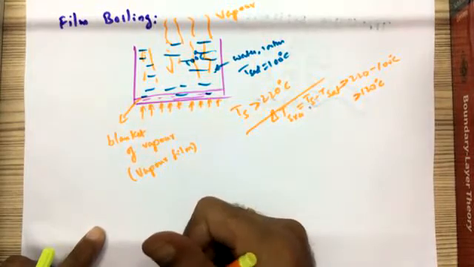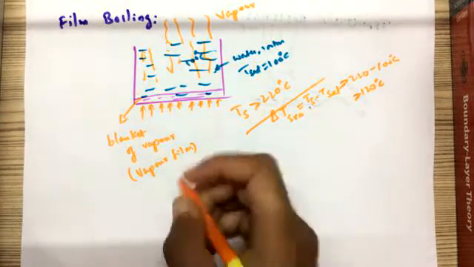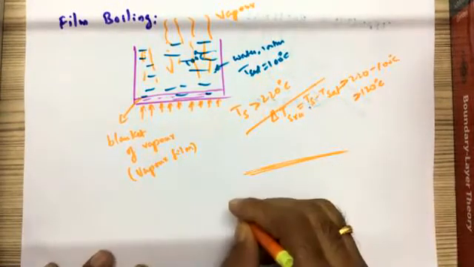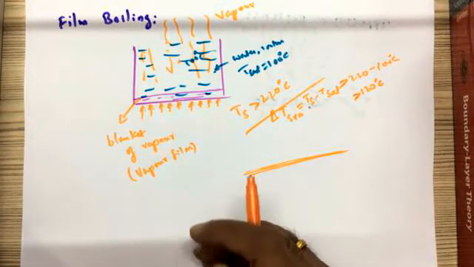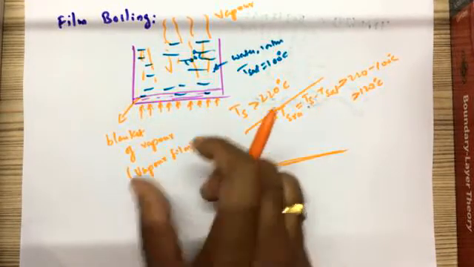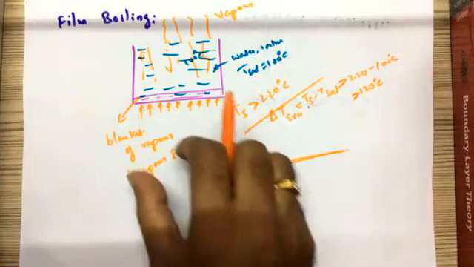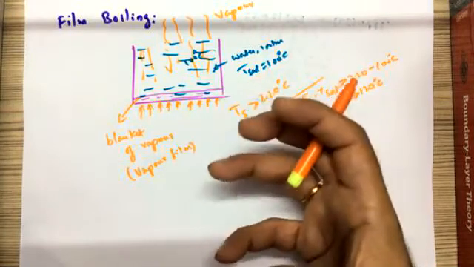And that is the reason, if you put a pan filled with water on the stove and leave it for a long time, you will observe a small layer on the surface. That layer is actually because of the vapor. So this small blanket of vapor is generated because of these large size bubbles.